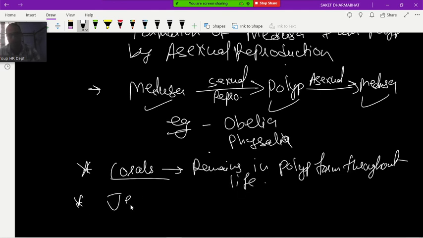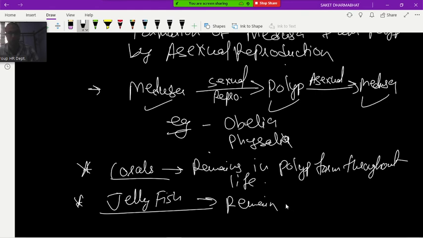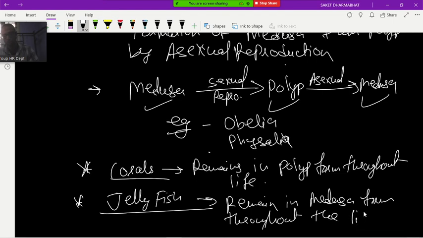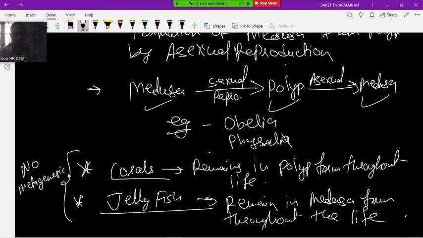If you talk about jellyfish, they also remain in medusa form throughout life. No polyp stage is there. So here no metagenesis takes place. Understood?